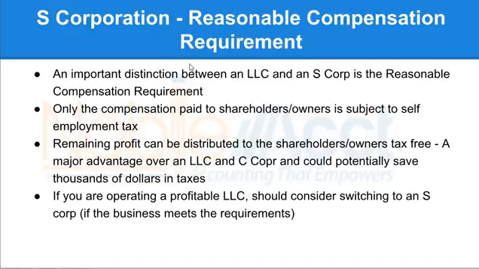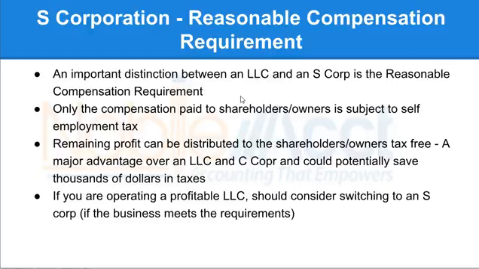This requirement means the IRS requires the shareholders of an S corporation to take a reasonable compensation for the amount of time they allocate to run the business, and only the compensation received by the shareholders as part of the reasonable compensation requirement is subject to the self-employment tax. The remaining profit from the business can be distributed to shareholders as a tax-free distribution.